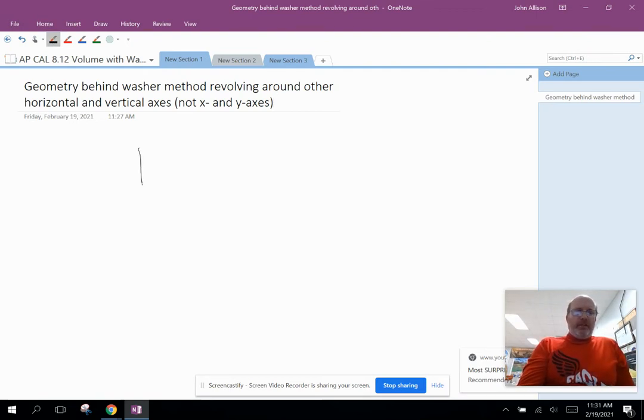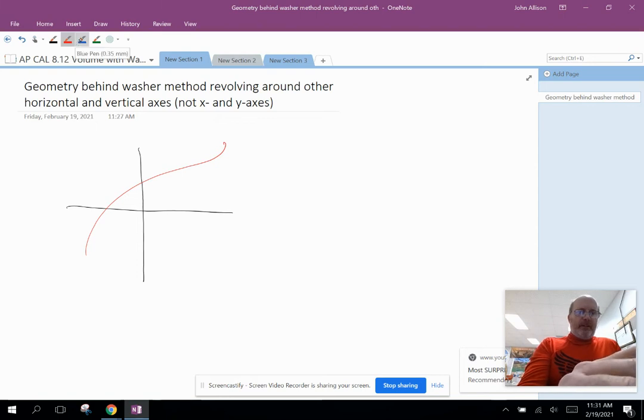If we have a function whose graph is like that, and then we have another function whose graph looks like that, and we want to revolve this around some axis, not the x and y axis.